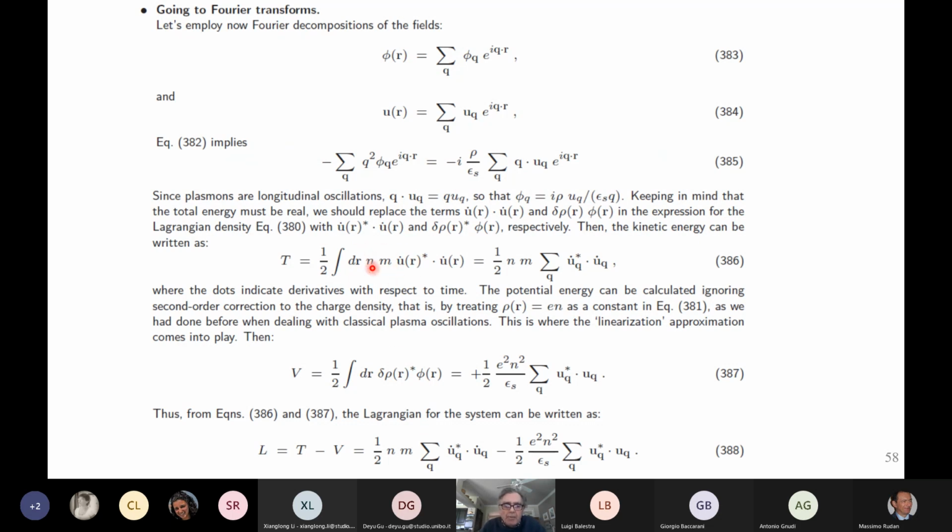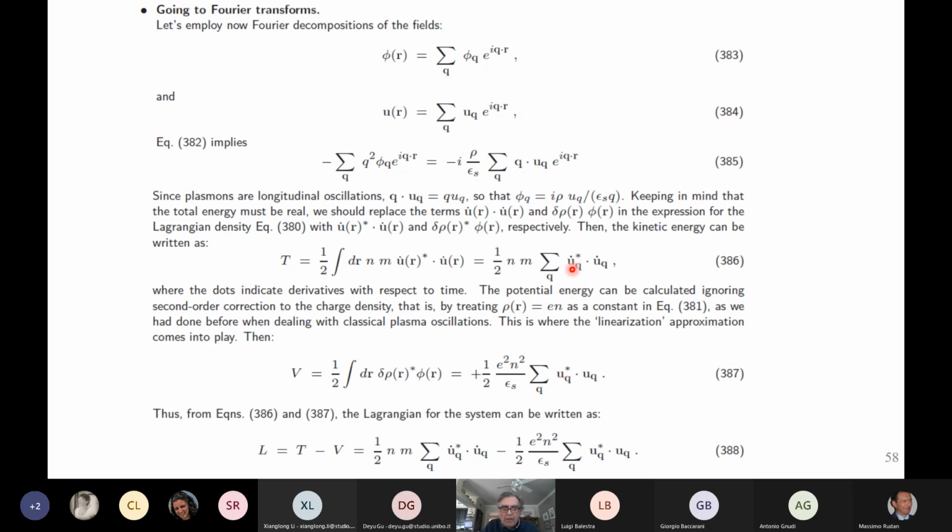So the kinetic energy can be written in terms of U dot, the velocities. This is the Fourier component of the velocity, multiplied by the electron density, if you wish, the mass density. The potential energy can be expressed the same way by using this expression from the Poisson equation, and I find that the potential energy is a sum over the squares of the U's.